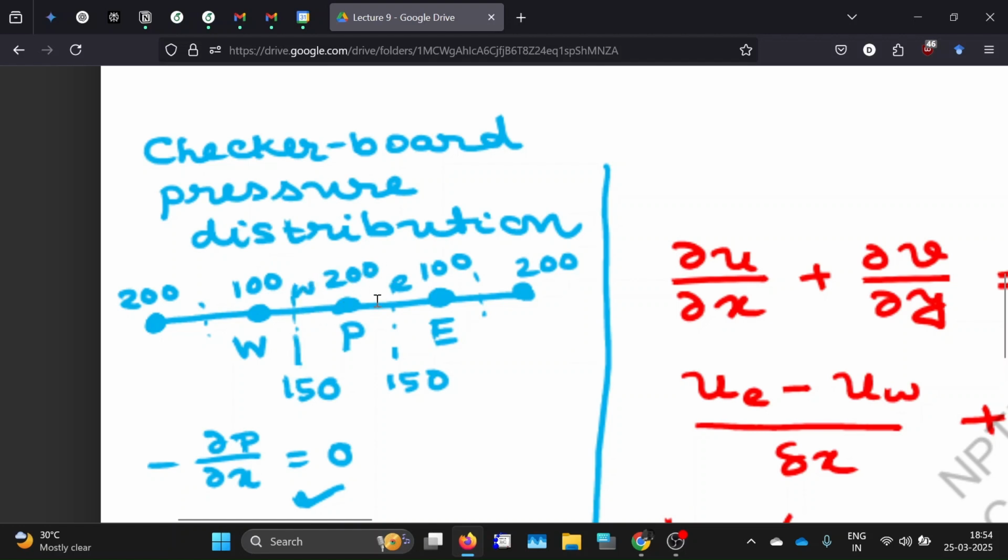Then I will get the nodes of velocity at small e and small w, and the alternating points, which are at capital P, capital W, capital E, will be the velocity anti-nodes.